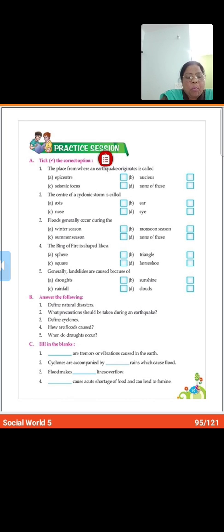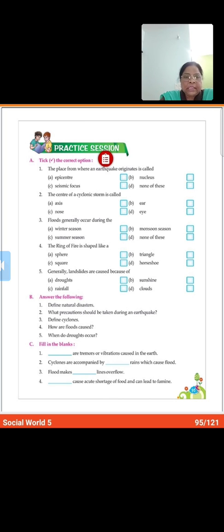Then number 2, the center of a cyclonic storm is called: A, axis, B, ear, C, nose, and D, eye. So D is the correct option. Number 3, floods generally occur during the winter season, monsoon season, summer season, none of these. It occurs in monsoon season.